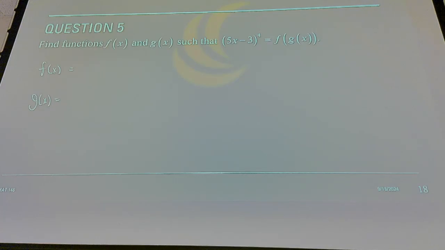What are we doing to 5x minus 3? So there's f, x to the fourth. There's your decomposition. Again, it's not the only solution, but it is the simplest.